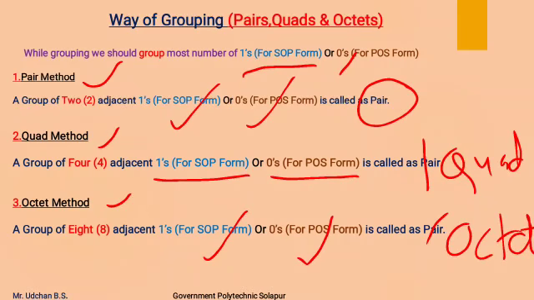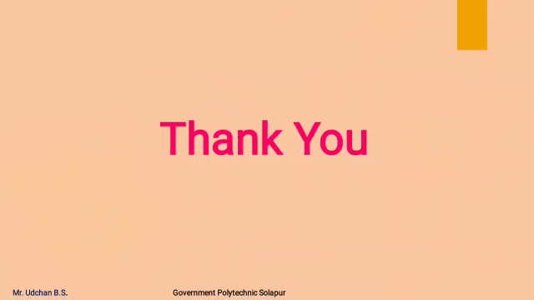So this is how we can group 2 ones for pair, 4 ones for chord, 8 ones for octet method. The remaining detailed techniques of pair method, chord method and octet method we will see in the next lecture. Thank you.